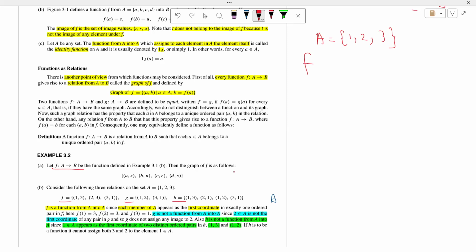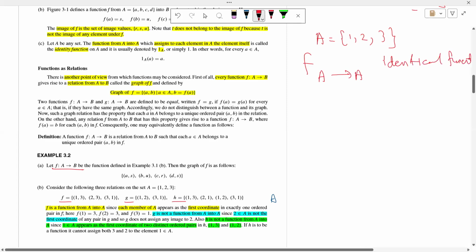So in this question, they are telling f is a function from A into A. So A into A means that is an identical function, right? In this question, they are mentioning this function as a relation. From this relation, you need to draw the graph. Can you draw the graph? Can you draw the function graph?